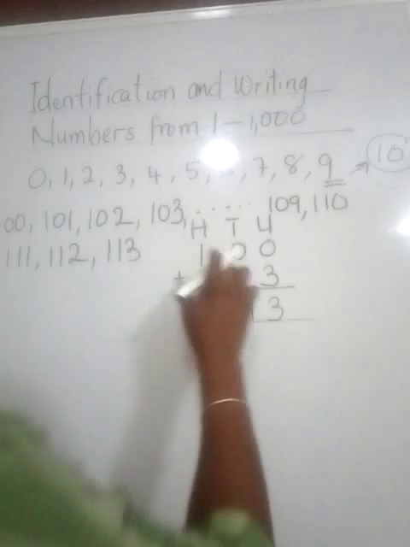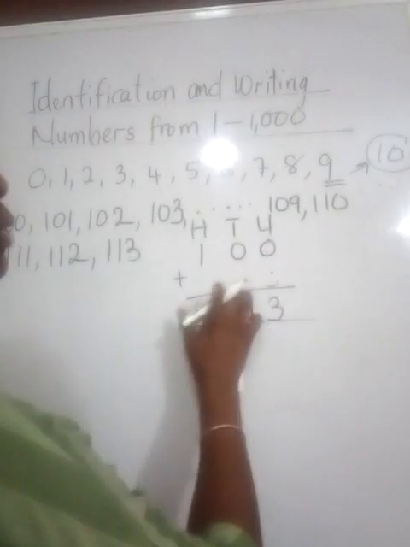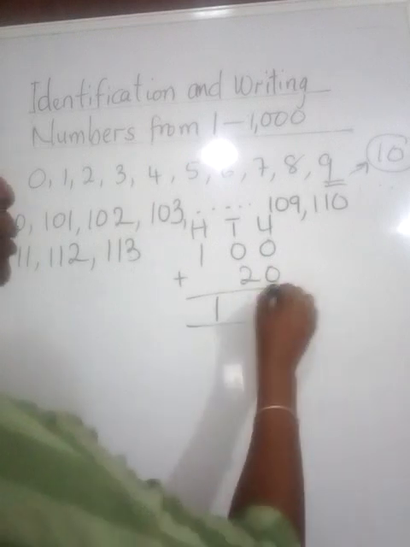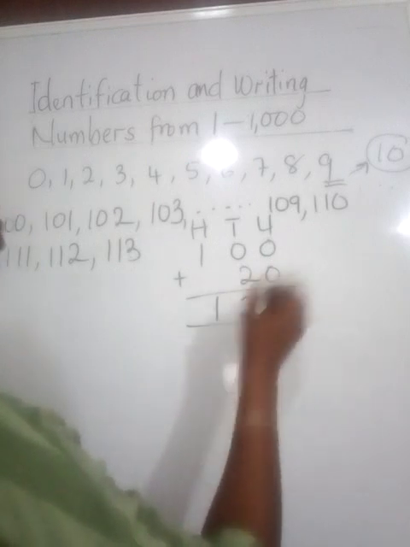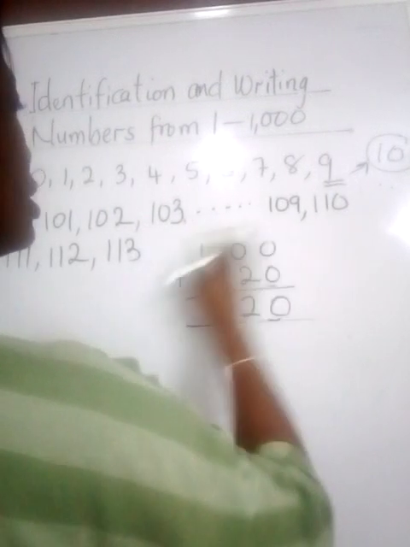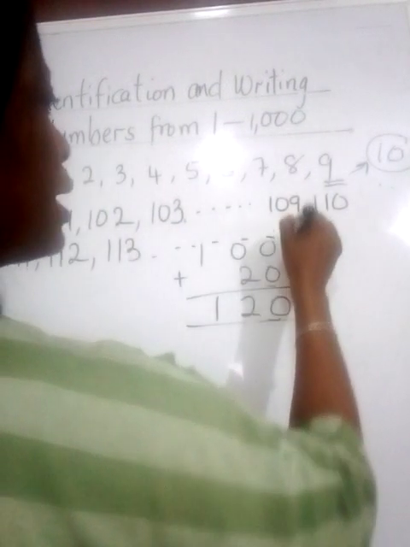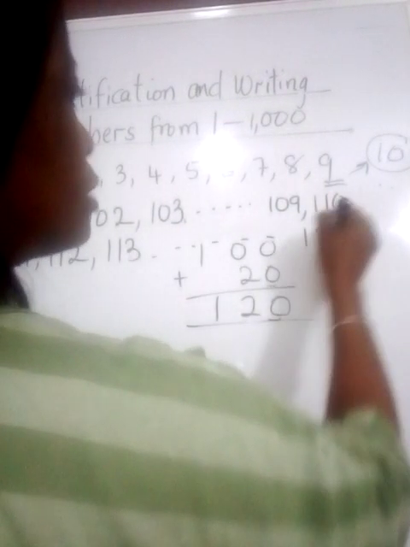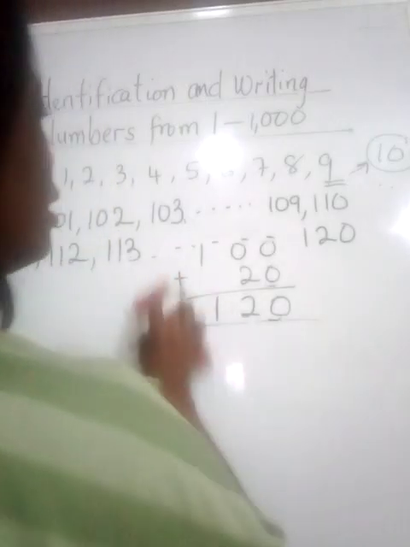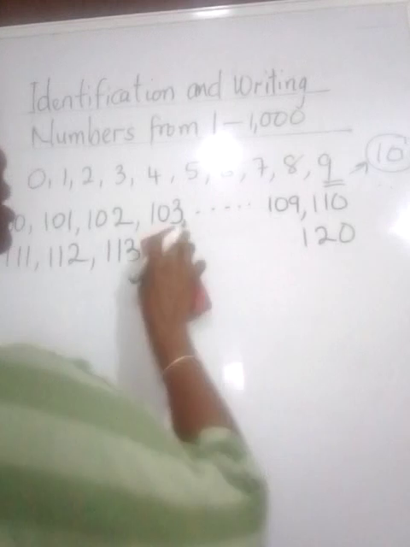You get to 20, you add 20 units, you have 0 plus 0 is 0, 2 plus 0 is 2, 120. And it goes on like that. So what I'll just show you is as simple as it is.